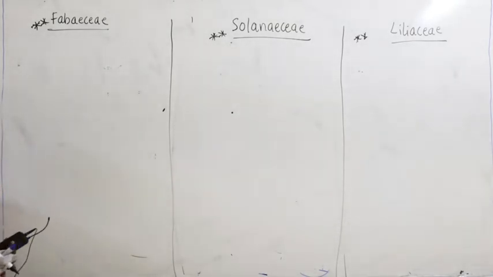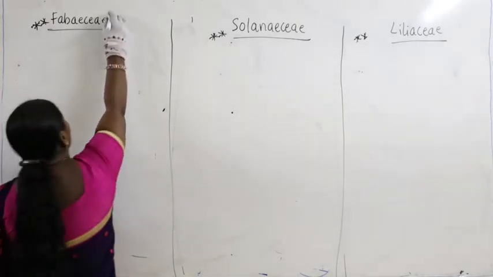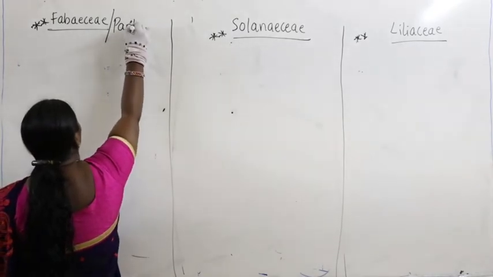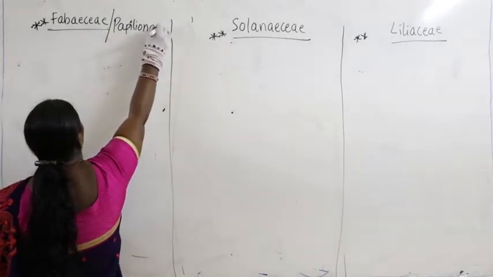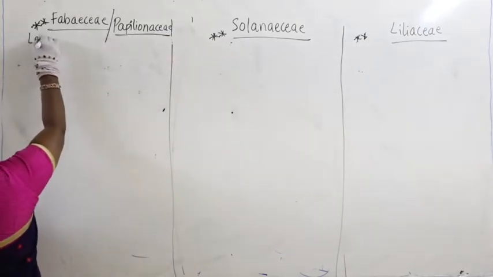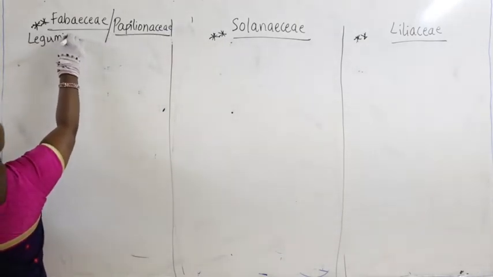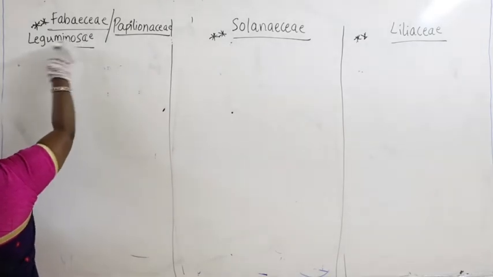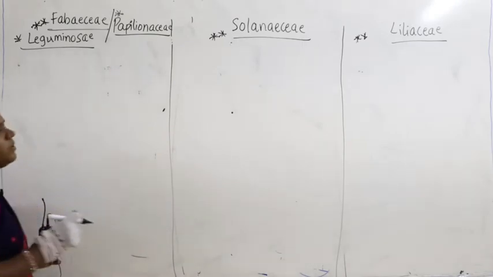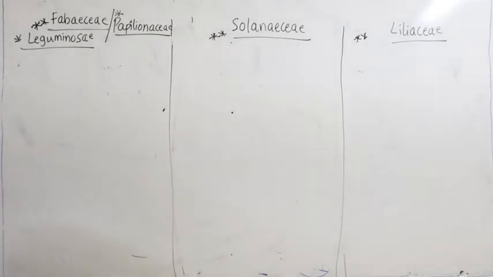Now, Fabaceae is also called Papilionaceae, or is also called Leguminosae. The Fabaceae family itself is referred to with different names.